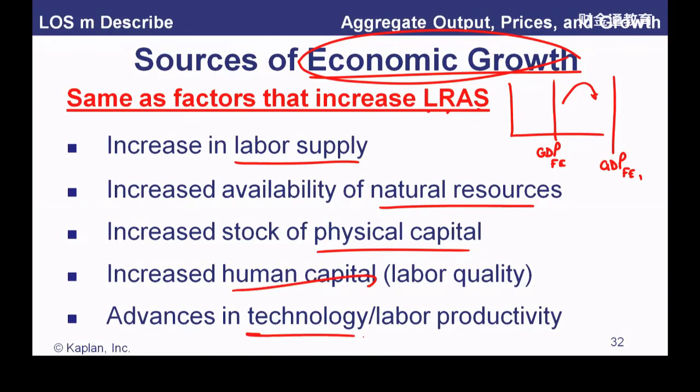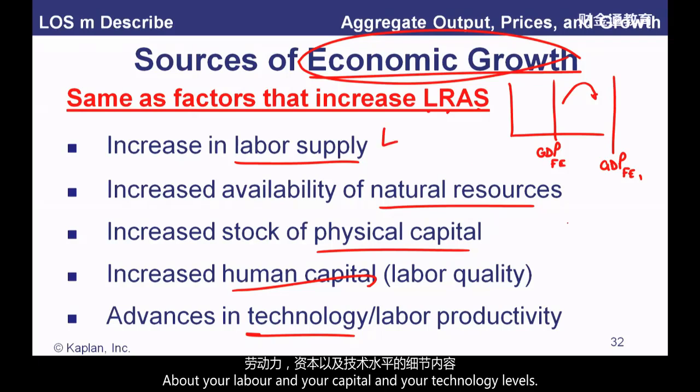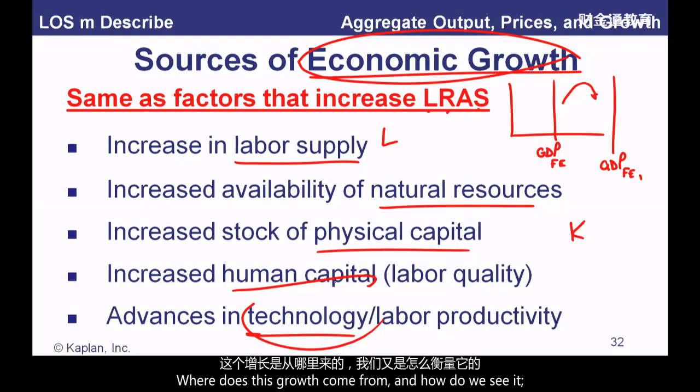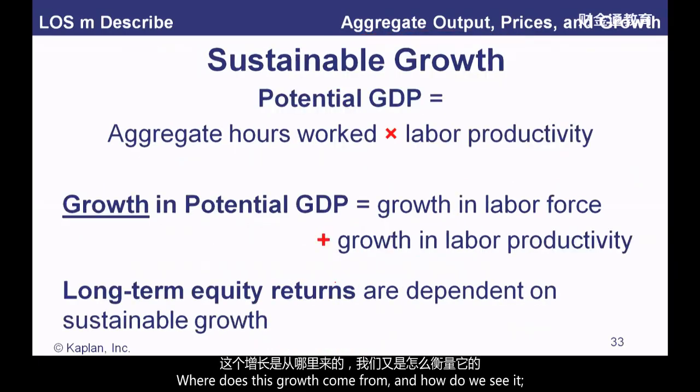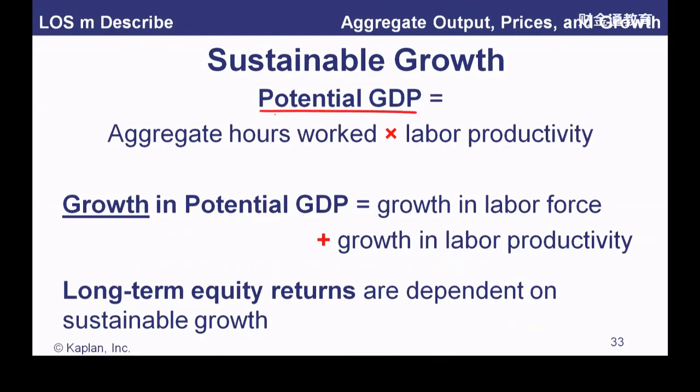That's it. And the great news is, the end of this section starts to talk in a bit more detail about your labor and your capital and your technology levels. Where does this growth come from and how do we see it? Well, here we go. Sustainable growth. Potential GDP.